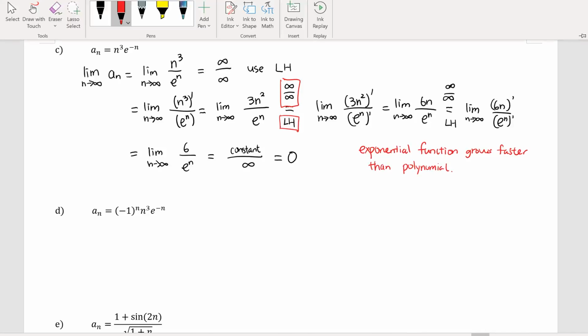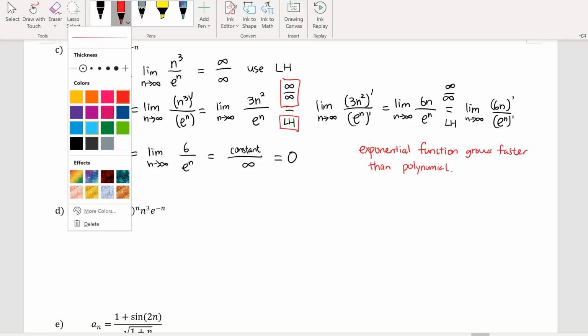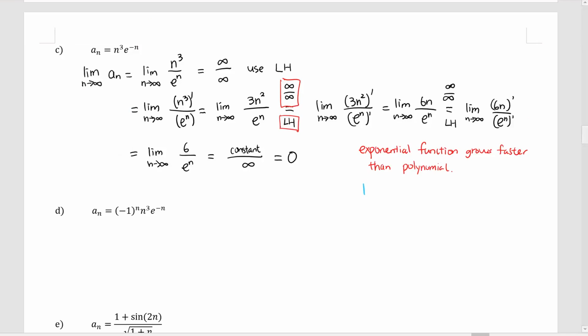How about the logarithmic function? If you remember, the logarithmic function grows slower than the polynomial.